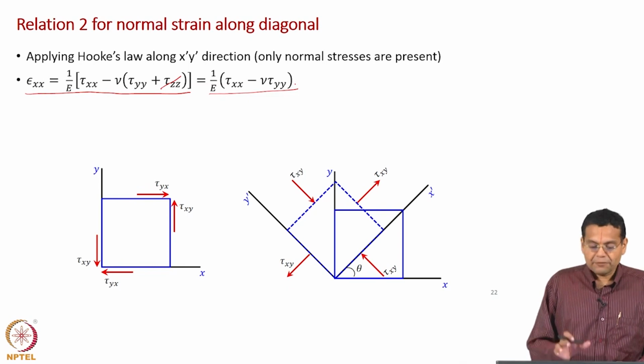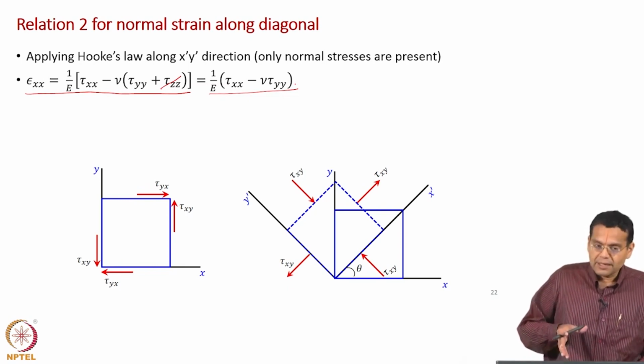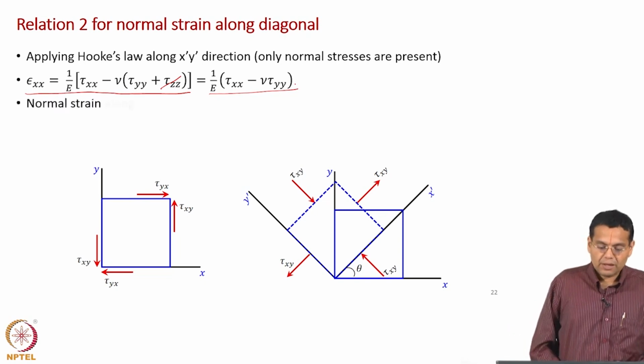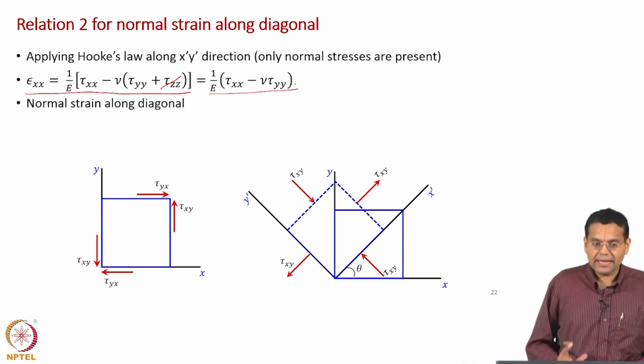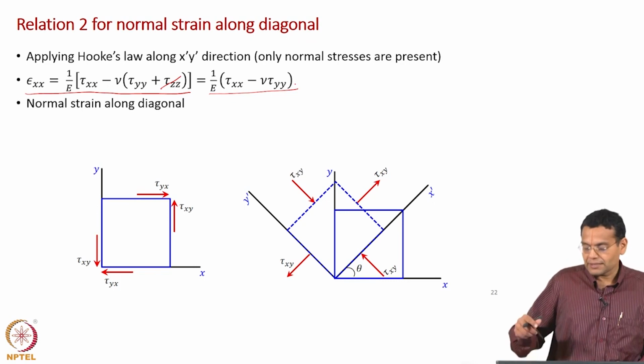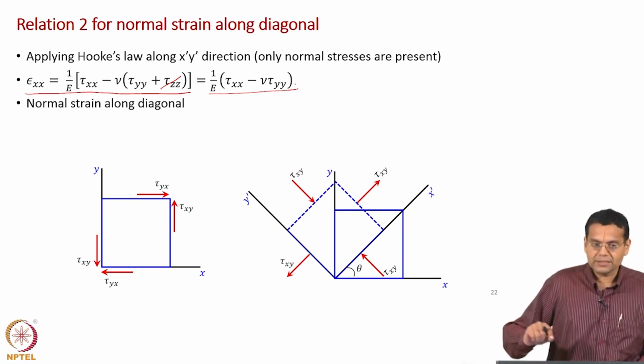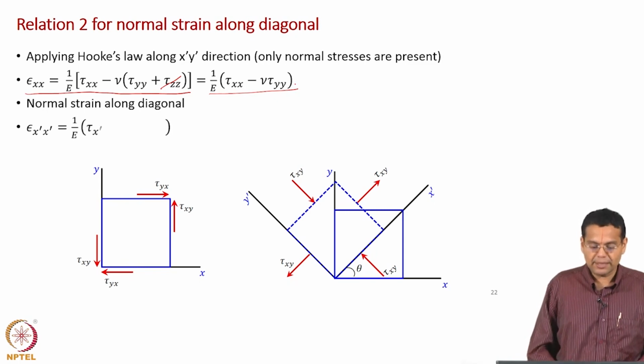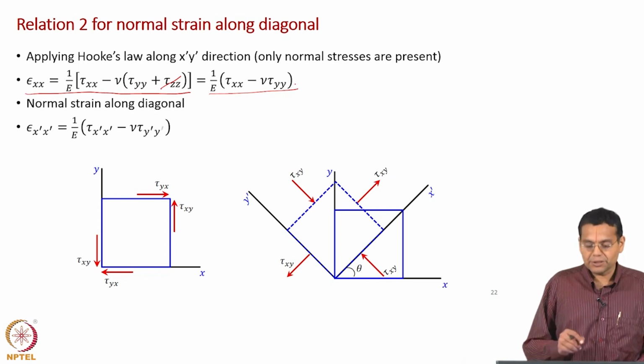Now, we have to apply this along the x dash axis. So, normal strain along the diagonal. Now, the x dash axis and diagonal are coinciding with each other. So, epsilon x dash is equal to 1 by E into tau x dash minus nu tau y dash.